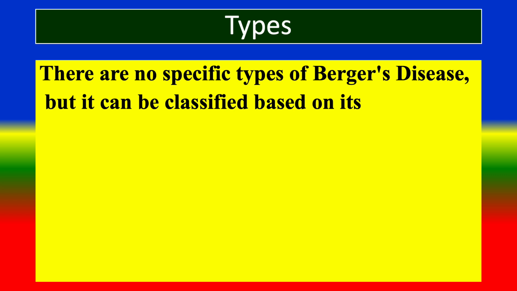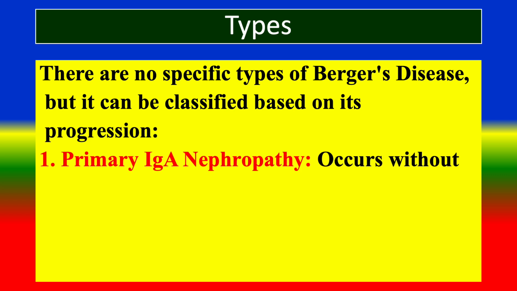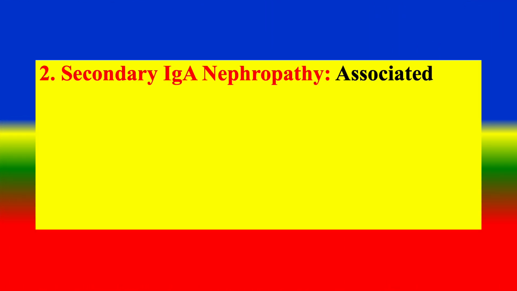Types. There are no specific types of Berger's disease, but it can be classified based on its progression. 1. Primary IgA nephropathy occurs without an underlying disease. 2.